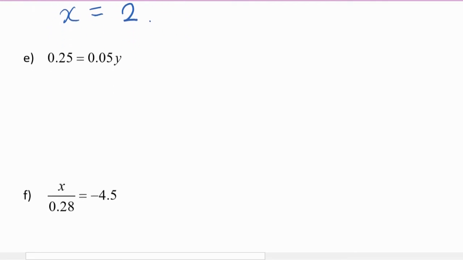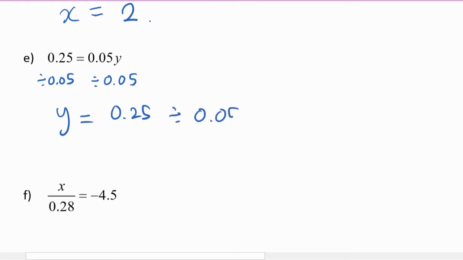Alright, next. Again, multiplication is hiding, so we divide both sides by 0.05. Then y is 0.25 divided by 0.05. If you hit this into your calculator, the answer is 5. Y equals 5.